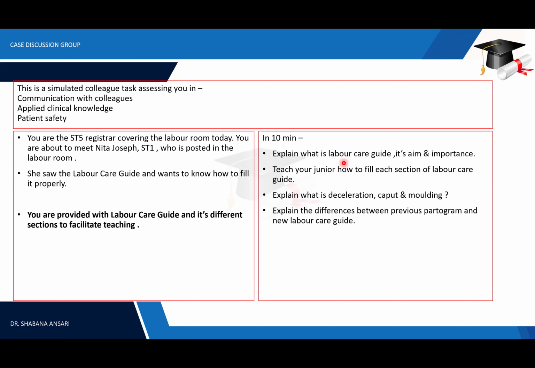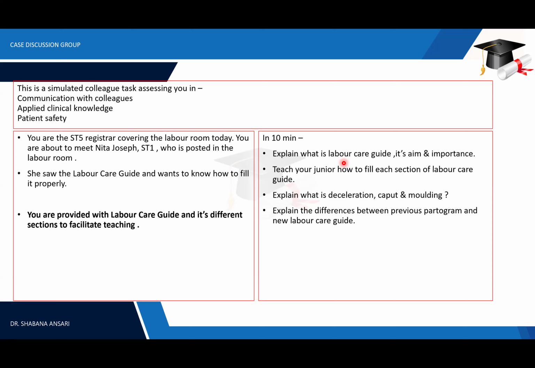The basic difference from the previous one is that the new labor care guide measures all the parameters, which include maternal well-being, fetal well-being, progress of the labor and shared decision making on a single sheet of paper, to make it easier so that whosoever is taking the handover can have every idea just by looking at that single sheet.